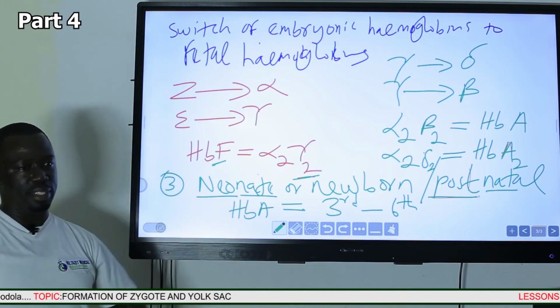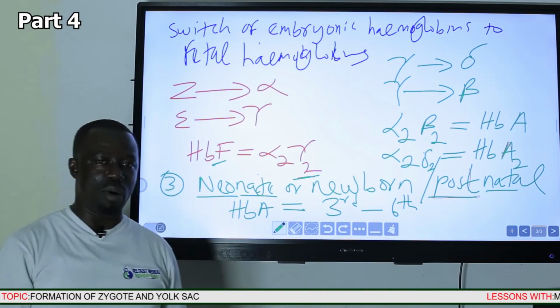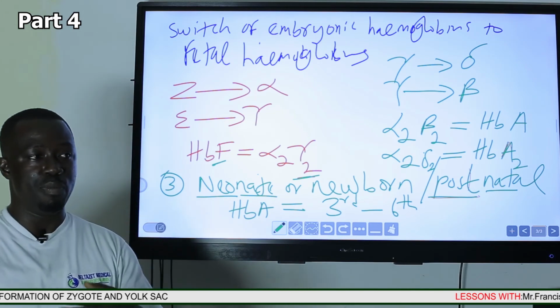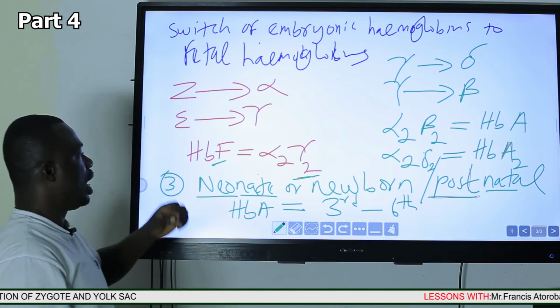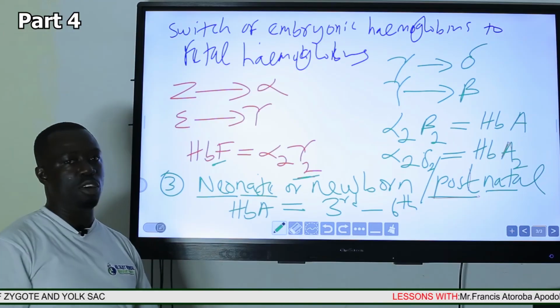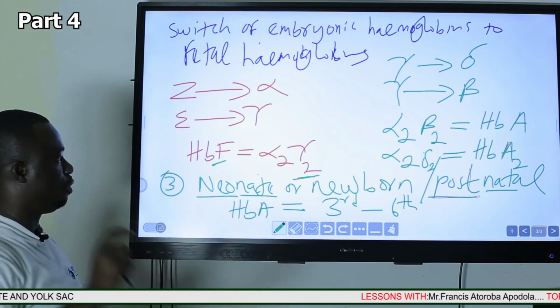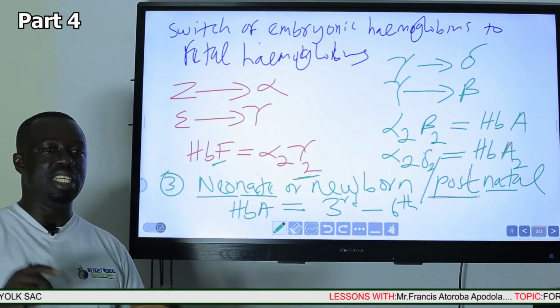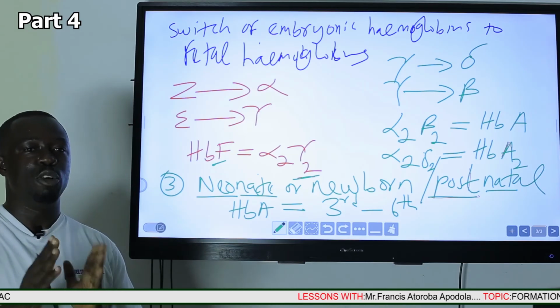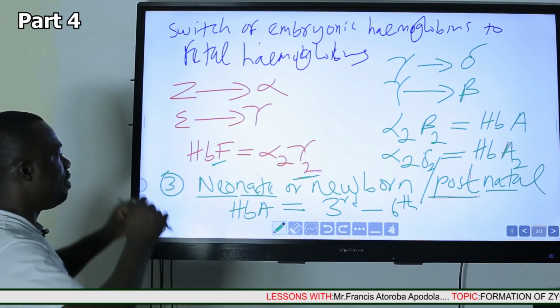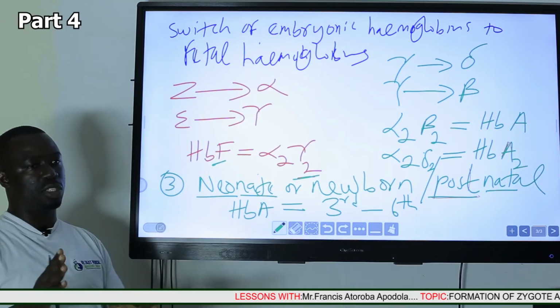The embryonic hemoglobins, I mean the Gower 1, Gower 2 and hemoglobin Portland, as well as the fetal hemoglobin, I mean hemoglobin F, they are high affinity hemoglobin molecules. They have a higher affinity for oxygen.